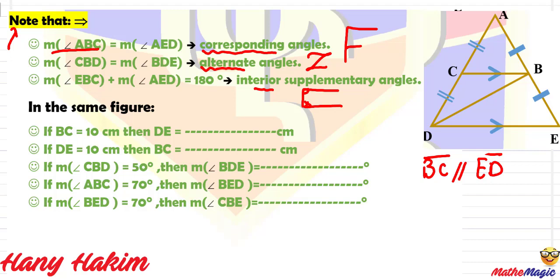For the second point, the measure of the angle CBD, this is the angle CBD, equals the measure of the angle BDE. Where is BDE? BDE is located here. So these two angles form the letter Z, so they are called alternate angles and they are equal in measure. The last one, the measure of the angle EBC. Where is EBC?